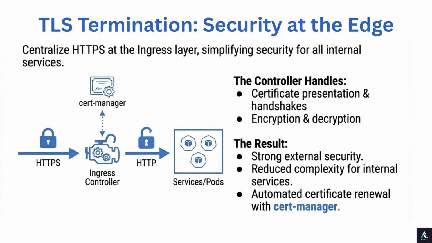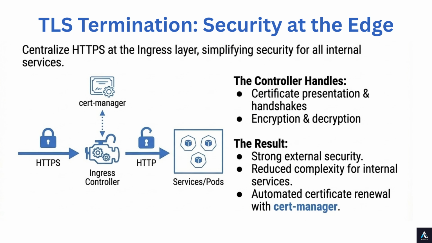Once traffic crosses that boundary and enters the cluster, internal communication can safely use plain HTTP. This approach significantly reduces complexity inside your services, while still preserving strong end-to-end security for external traffic. And with tools like Cert Manager automating certificate issuance and renewal, HTTPS becomes reliable, repeatable, and largely hands-off. When TLS is handled at the edge, everything behind it becomes cleaner, safer, and far easier to operate.